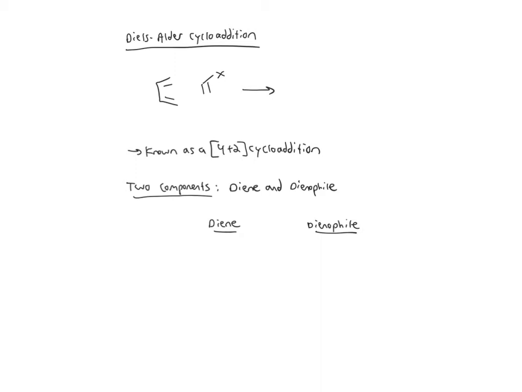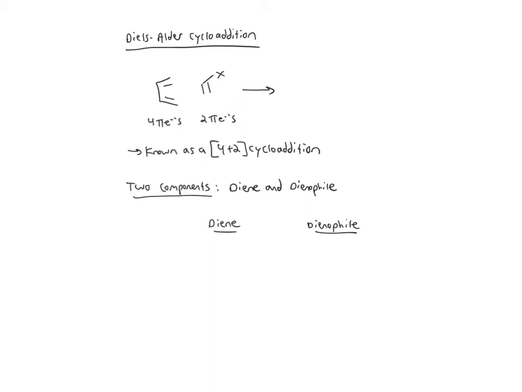We are going to have one component for the Diels-Alder cycloaddition that has 4 pi electrons, and the other component will use 2 pi electrons in the reaction. With this first component, we have our 4 pi electrons because we have 2 double bonds, and then we have 2 pi electrons in the other component.